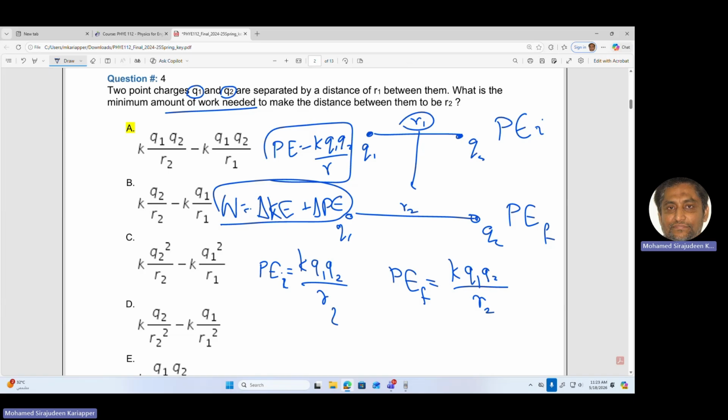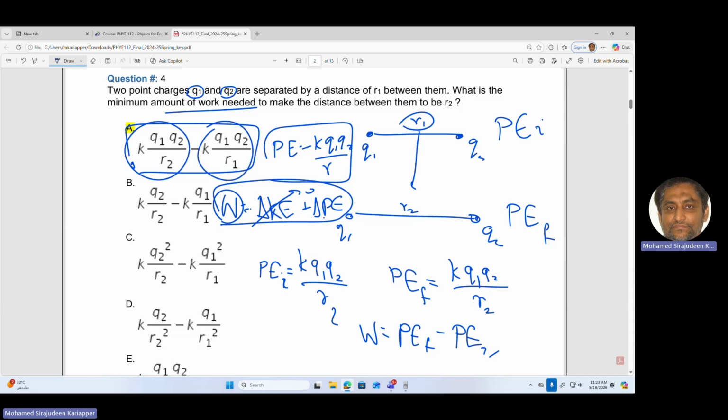Here we are moving it slowly, always at zero speed, so there is no change in the kinetic energy. The only work you need to do is to change the potential energy. So simply the work done will be PE final minus PE initial. That's why this is the answer. This is PE final and this is PE initial. No numbers, just the expression.